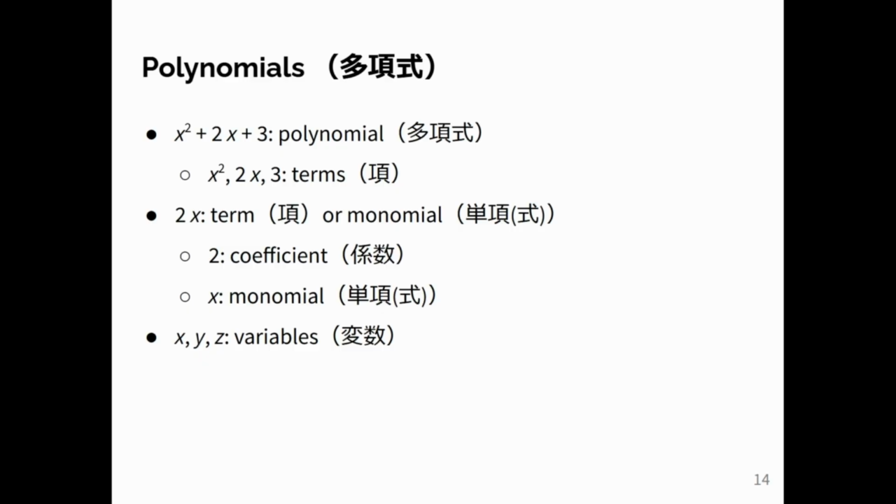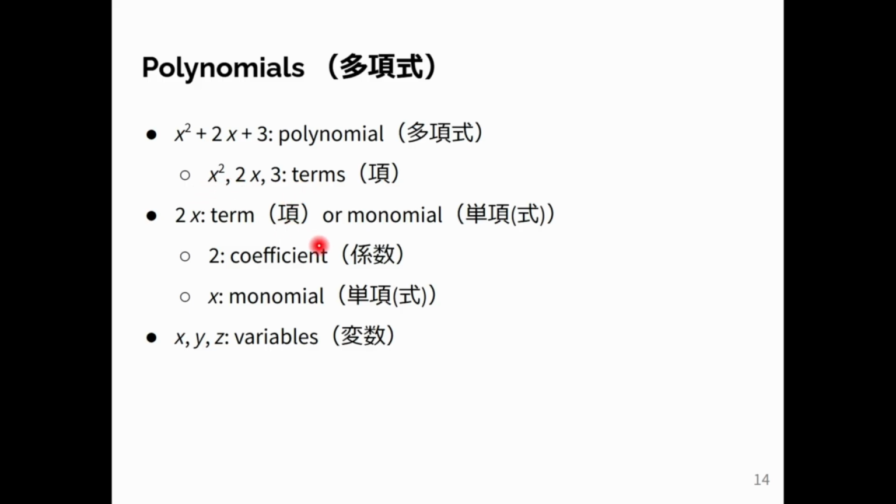Now, we are going to take a look at the 多項式. 多項式 is called polynomial. Here's an example of a polynomial, pronounced as x squared plus 2x plus 3. And in a 多項式, the parts are called terms, like x squared or 2x or 3.